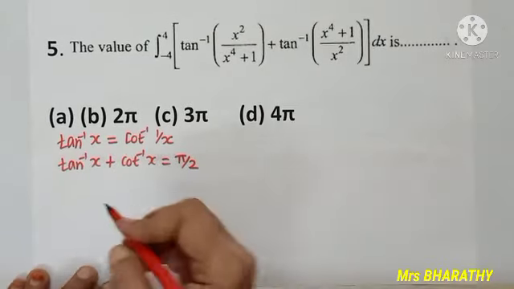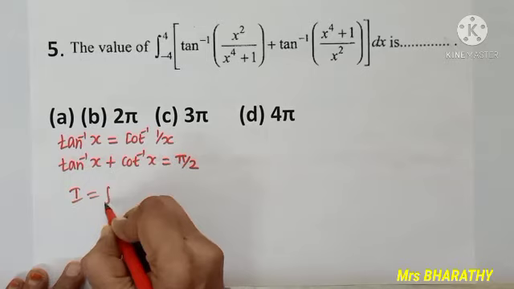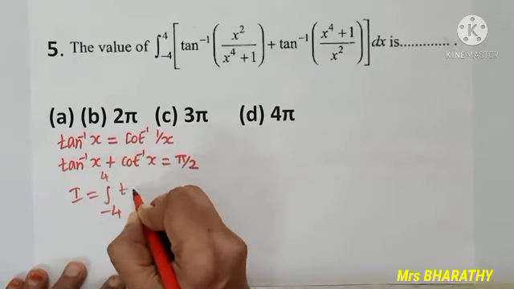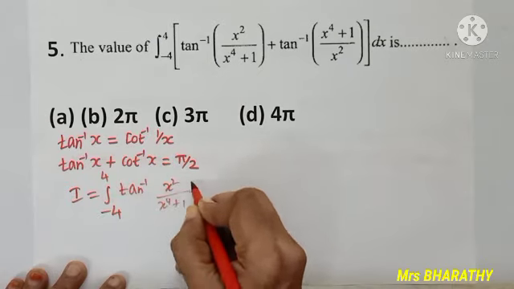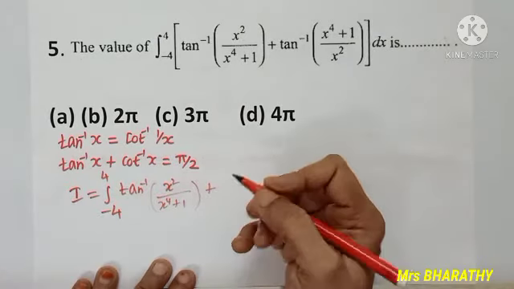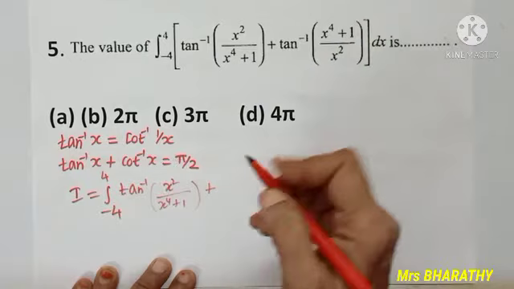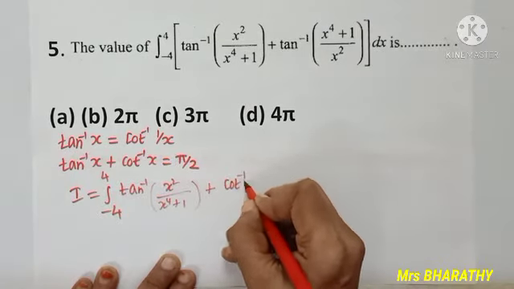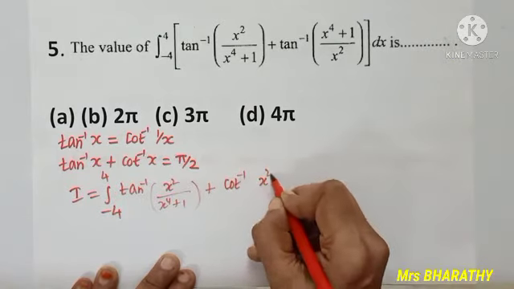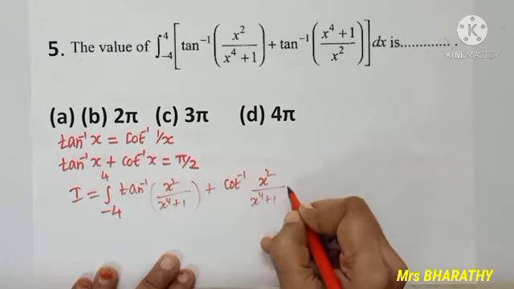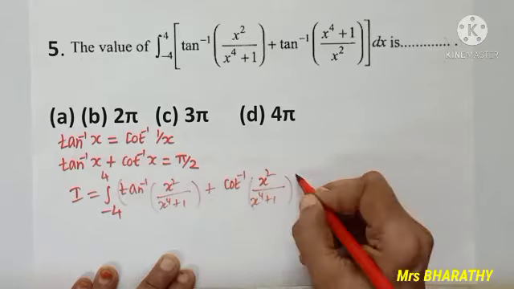So the given problem reduces to integral minus 4 to 4 tan inverse x square by x power 4 plus 1 plus tan inverse of this answer, we can very well write cot inverse reciprocal. X square goes up, x power 4 plus 1 comes down.